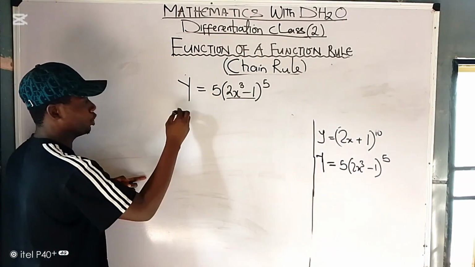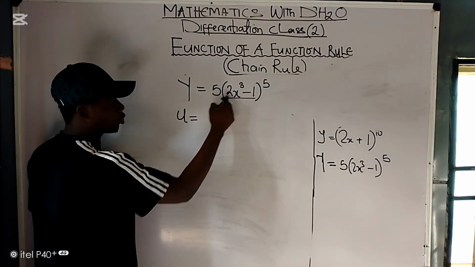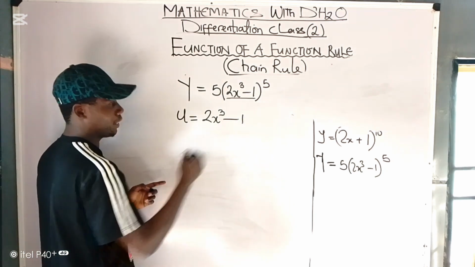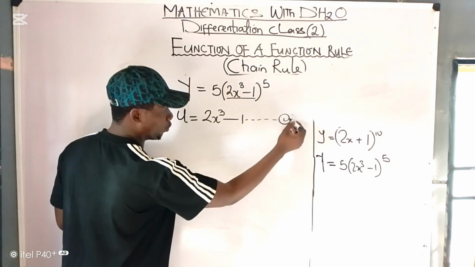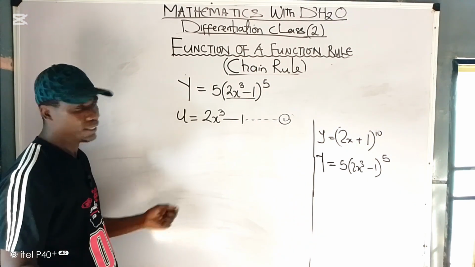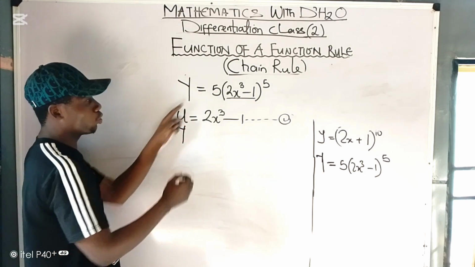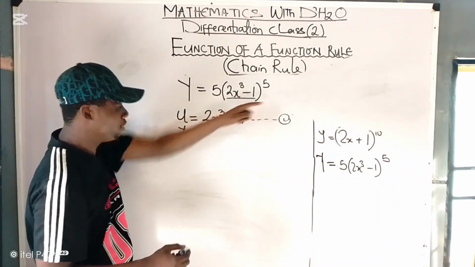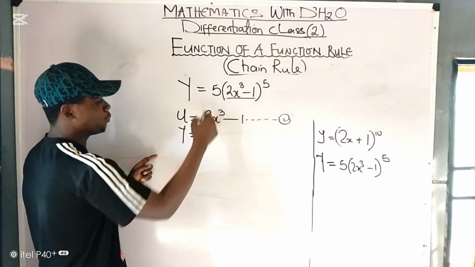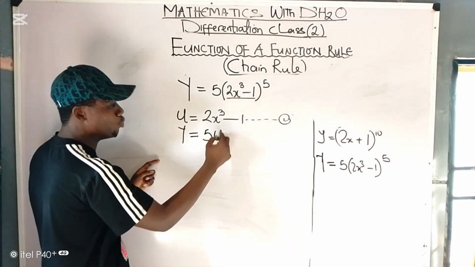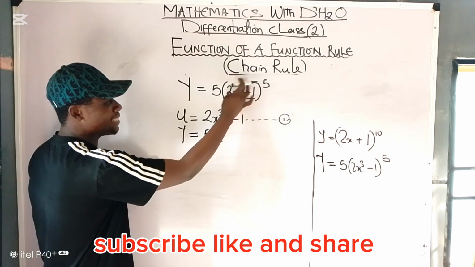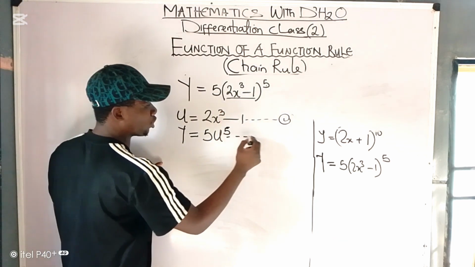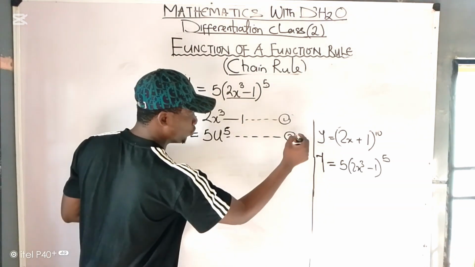When you do that, u becomes equal to 2x cubed minus 1, and that gives us equation 1. Do you understand? Then your y now will no longer be 5 bracket 2x cubed minus 1 raised to the power 5. Your y becomes equal to 5u, because everything here now is u raised to the power of 5. And that gives us equation 2.